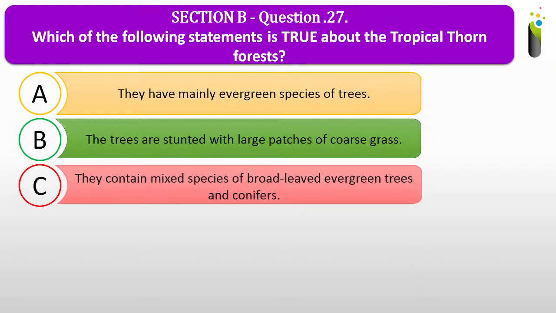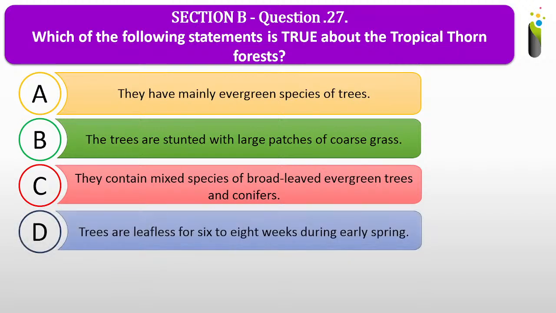C. They contain mixed species of broad-leaved evergreen trees and conifers. D. Trees are leafless for 6 to 8 weeks during early spring. And your time starts now.